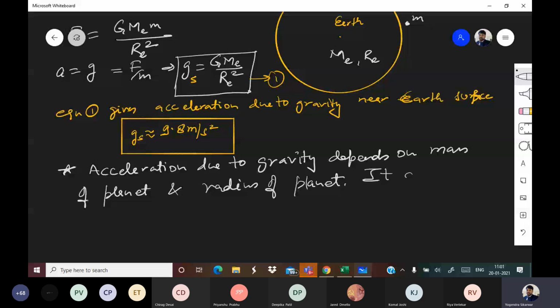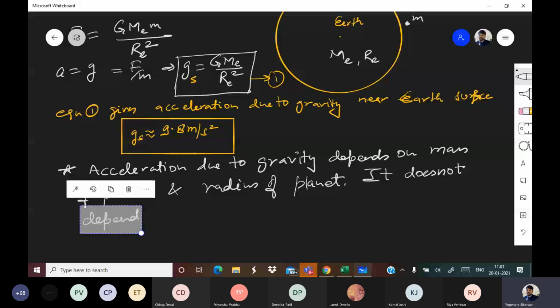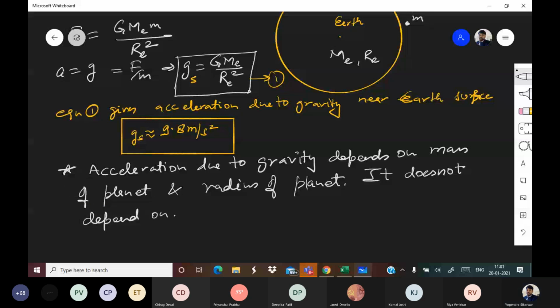It does not depend on mass of the falling object.